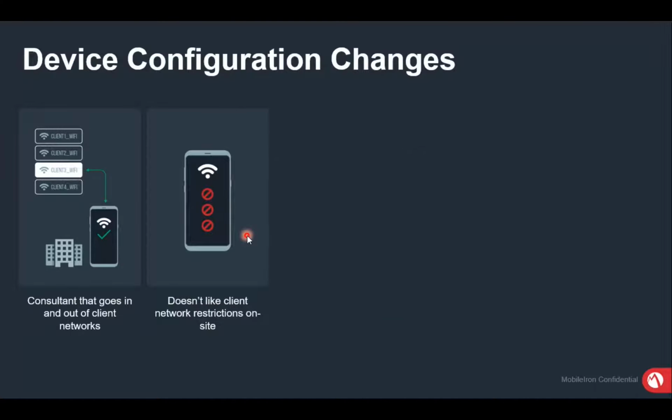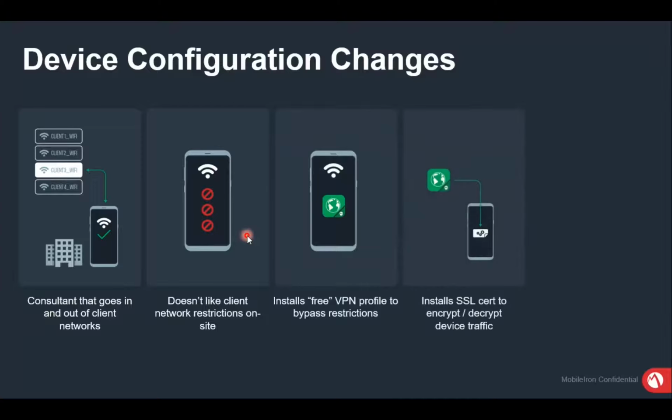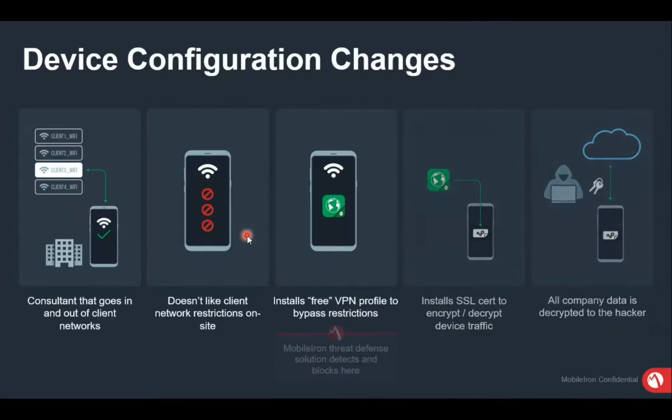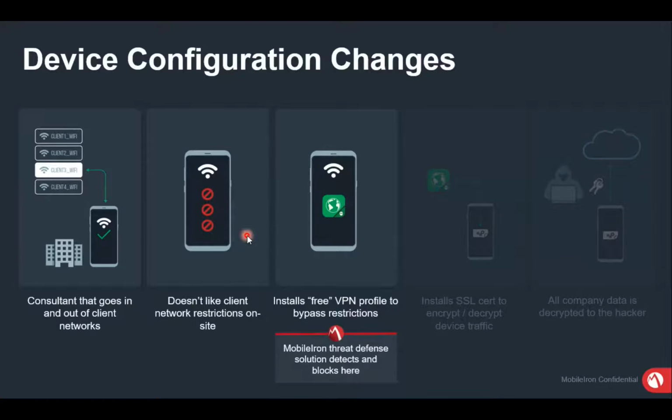Especially in this region, people tend to use VPN and anonymizers. Whenever you try to install any of those applications, a profile will be installed on the device. These profiles can be malicious, or can gain access to sensitive device information that the hacker can get their hands on. If MTD is on the device, the moment you try to install a VPN profile or any profile, it will check the authenticity of the profile.